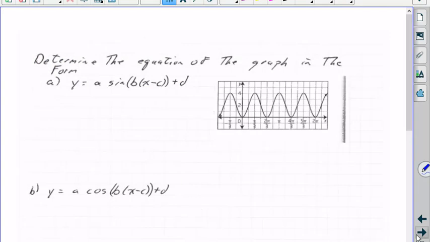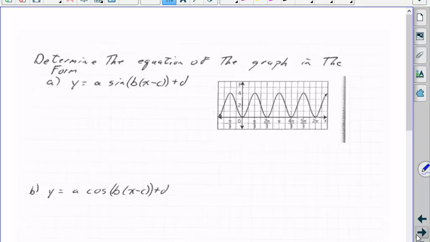Okay, here we give you a graph. It is easy to get 3 of these, and it's not so easy to get the 4th. And the 4th depends upon which equation, sine or cosine, you're using. I happen to like this one better, but we can deal with both.